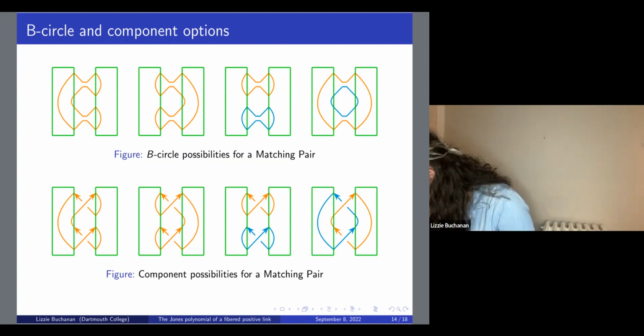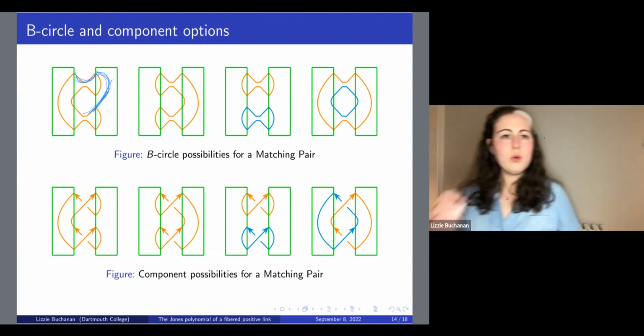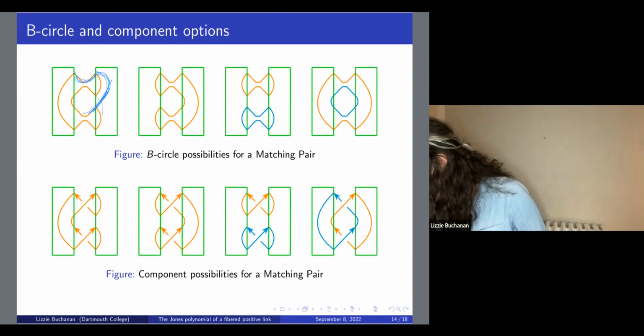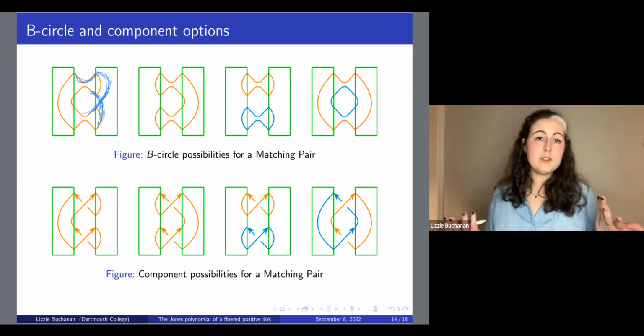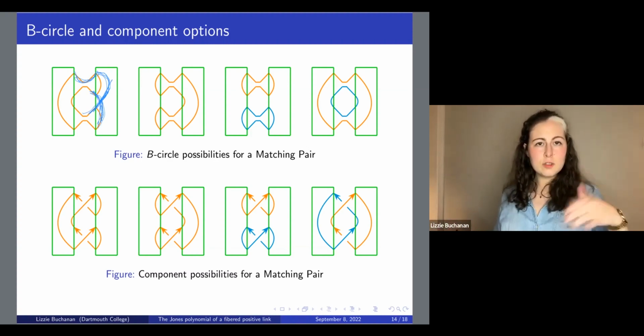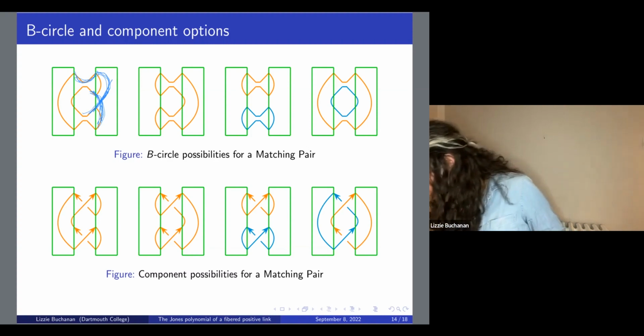So there's no way that B smoothing could have happened where I came up here at the top and then connected down here on the right, because then at some point later, I would have had to cross from here to here. And that would be impossible because B circles can't cross each other. So that's one restriction that led us to only having four possibilities.